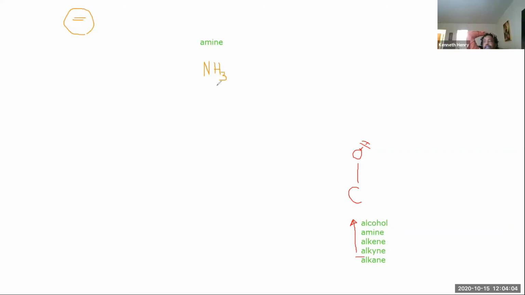So this is ammonia. Amine is... R prime and R double prime just represent hydrocarbons, or they could be hydrogens.